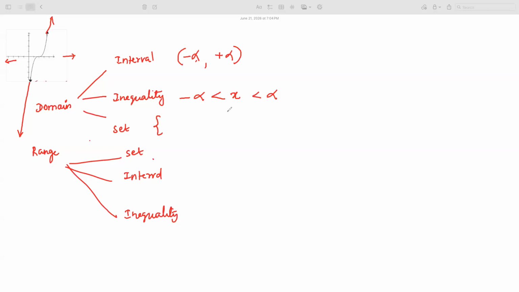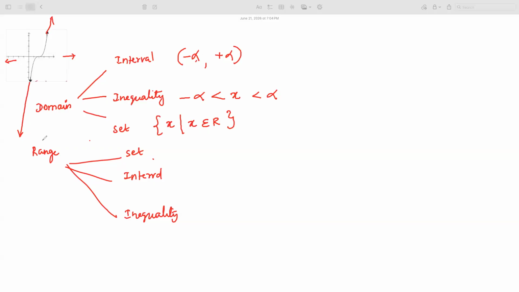Set notation always has curly braces. It starts with x, pipe symbol, and the restriction on x. What is the restriction on x? x is an element of all real numbers. Any questions?